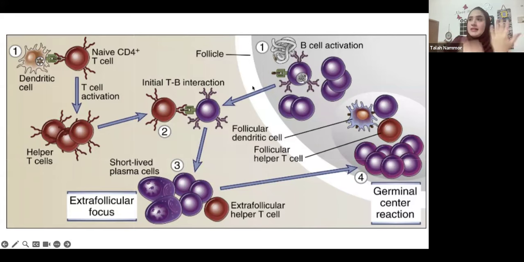And I said that simultaneously, the B cells are going to get activated. If you look in here, this is a hapten carrier, all right? Basically it's a protein that carries the antigen.